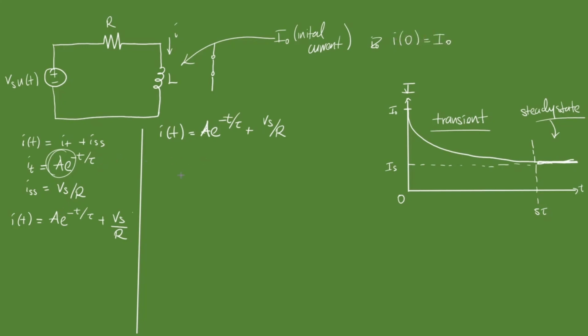Hope that's clear. So I of 0, the current at time equals 0, is going to equal I naught, which is going to equal A e to the 0, because you have minus 0 over time constant, so this is going to cancel out. So that's A on its own, plus Vs over R.